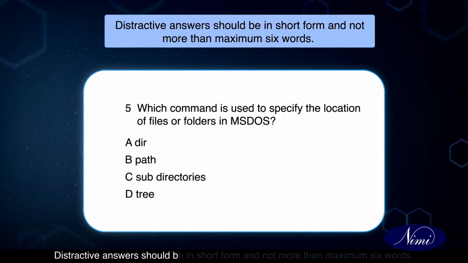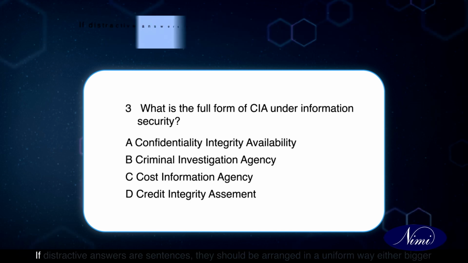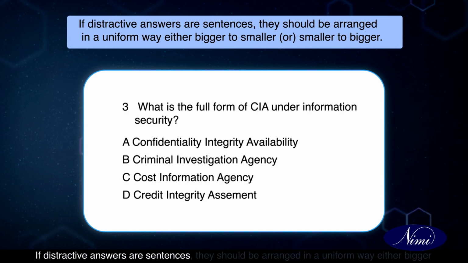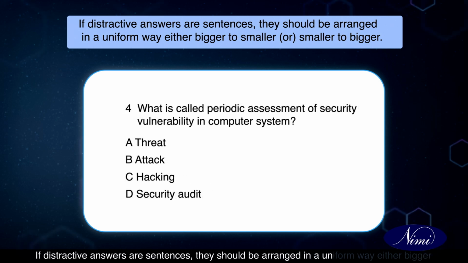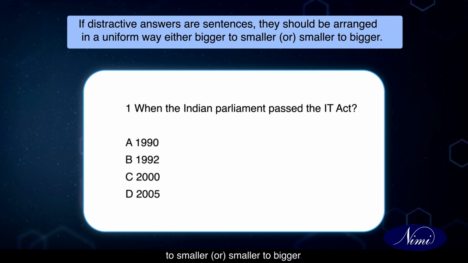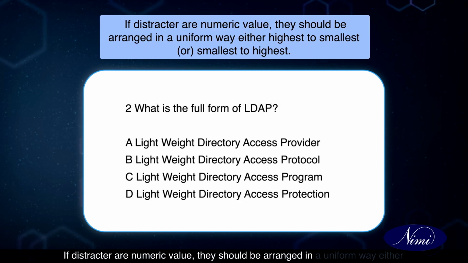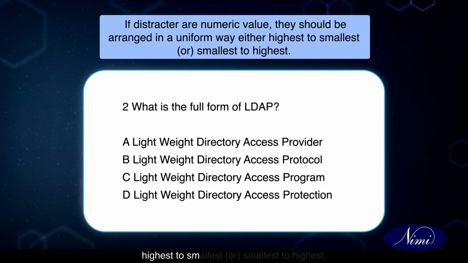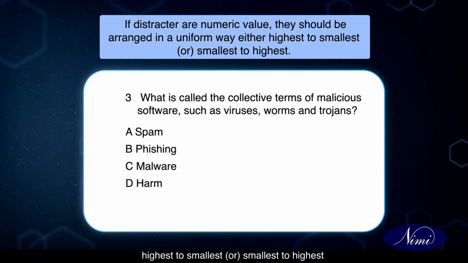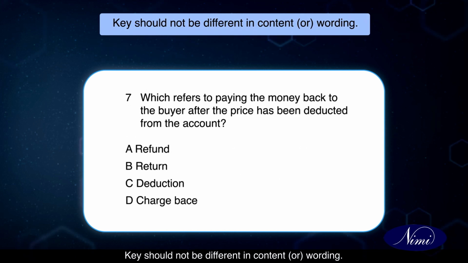Distractive answers should be in short form, not more than 6 words. If distractive answers are sentences, they should be arranged in a uniform way, either bigger to smaller or smaller to bigger. If distractors are numeric values, they should be arranged in a uniform way, either highest to smallest or smallest to highest. Key should not be different in content or wording.